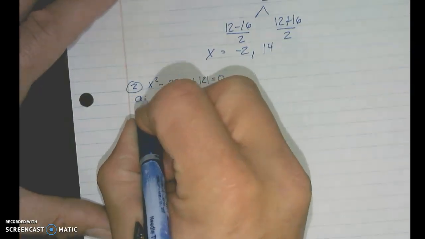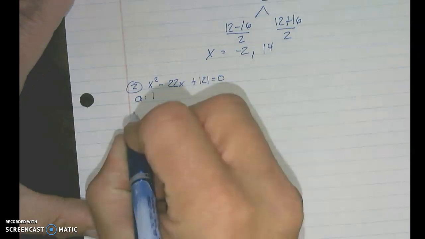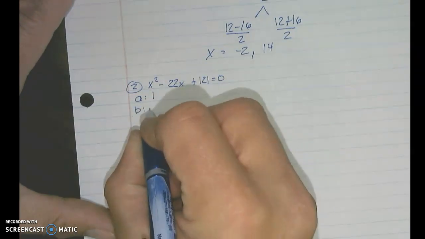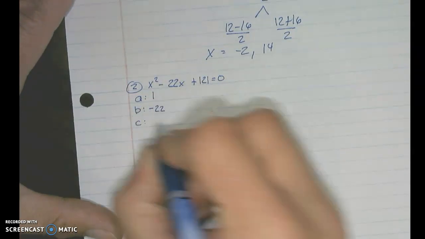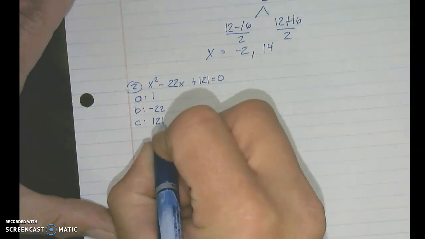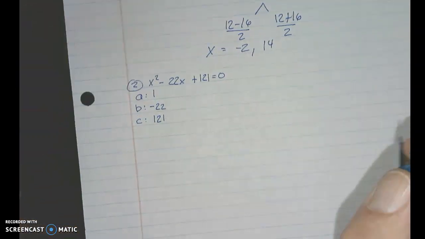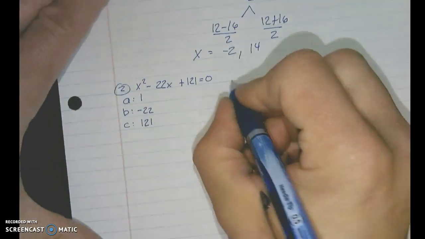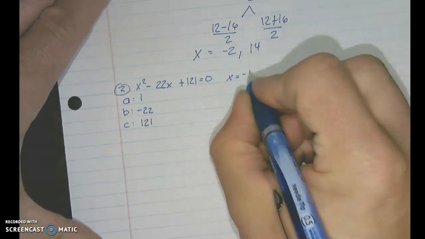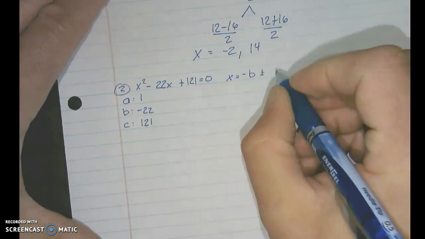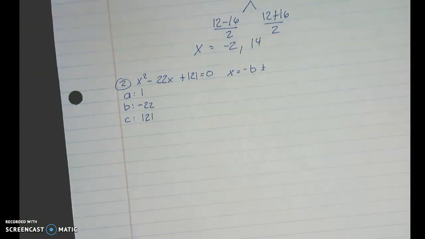So what's a? 1. B is negative 22, and then c is 121. Excellent. Okay. Negative b plus or minus. Okay, I'm going to pause it here.